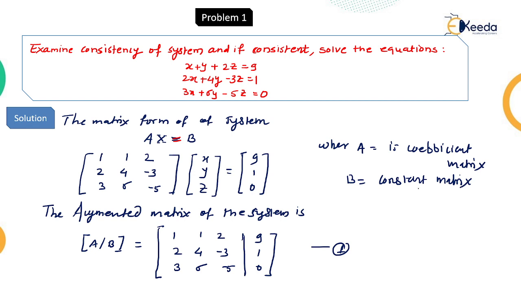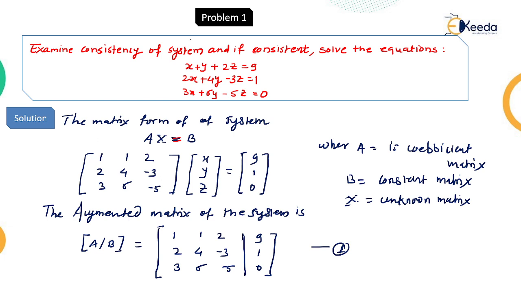Also, capital X is called the unknown matrix. We have to write the given system of non-homogeneous linear equations in the form Ax = B. Here A is the coefficient matrix.